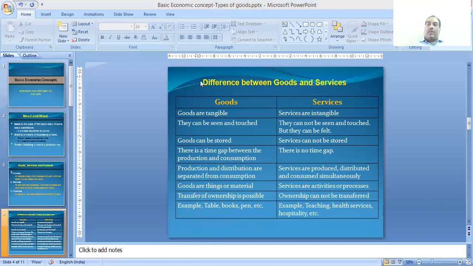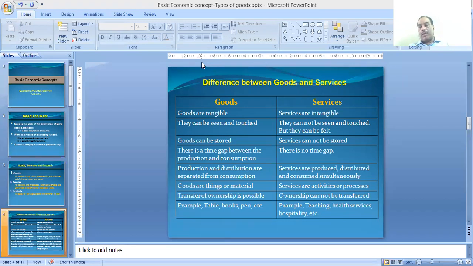So goods can be stored, but services cannot be stored. I cannot store whatever I am delivering this time. So services cannot be stored. Then there is a time gap between the production and consumption.